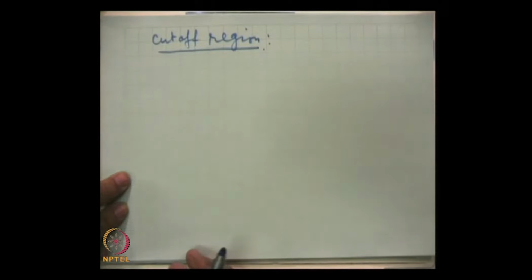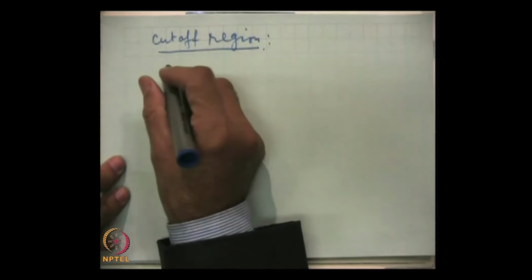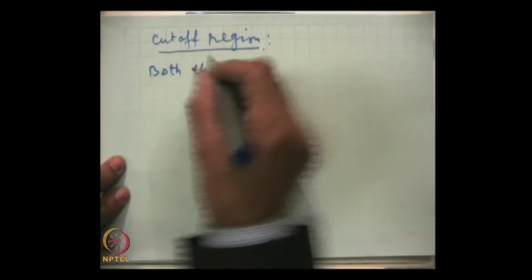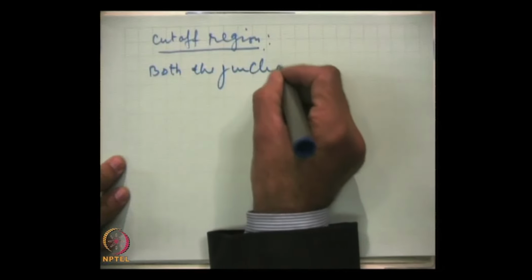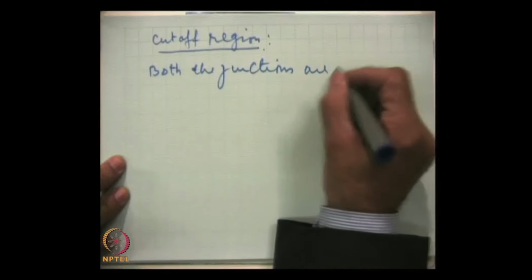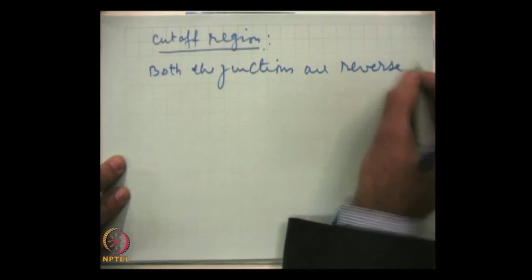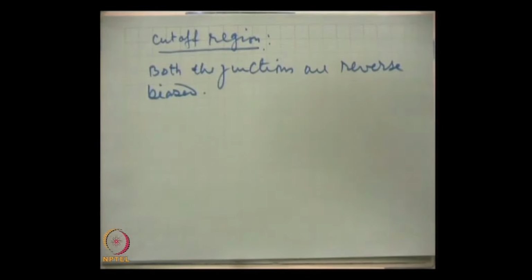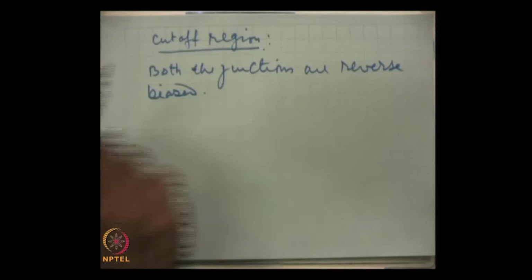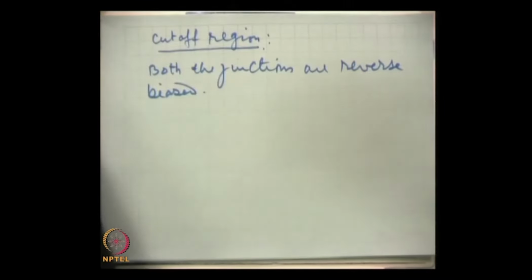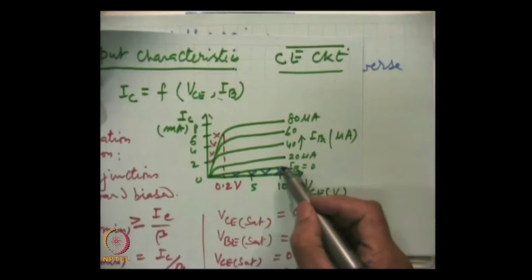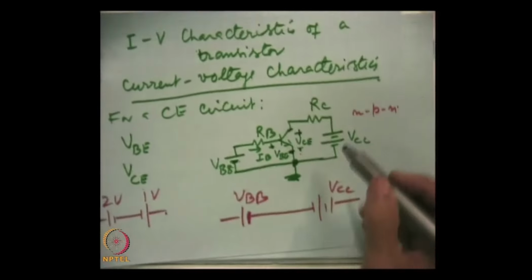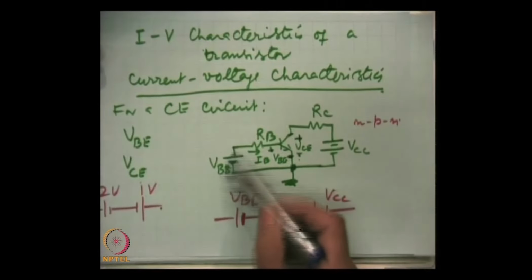In the cutoff region, both the junctions are reverse biased. How? If we want to go below IB equal to 0, we will have to change the polarity here.